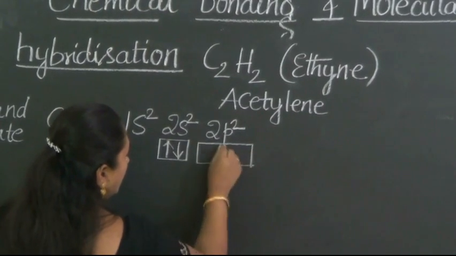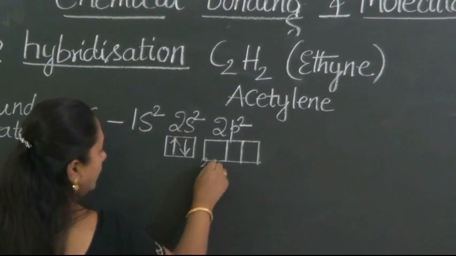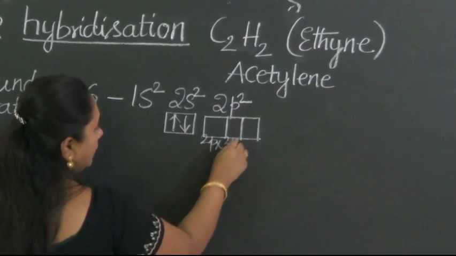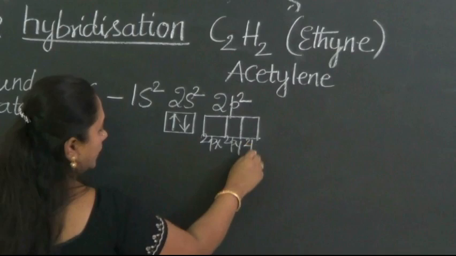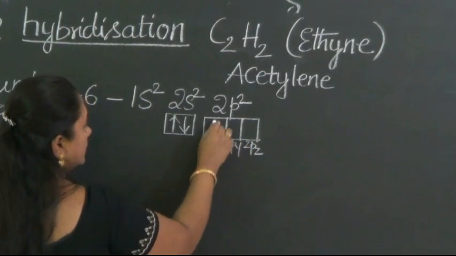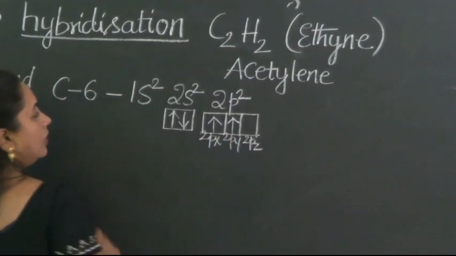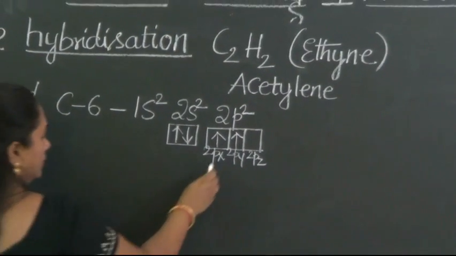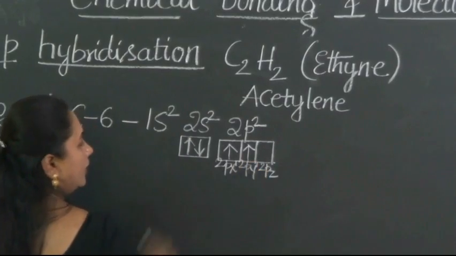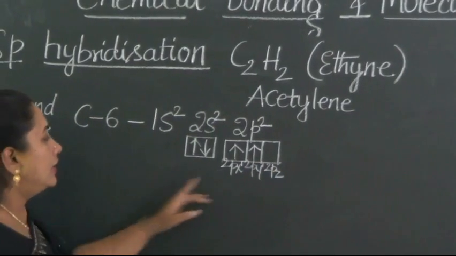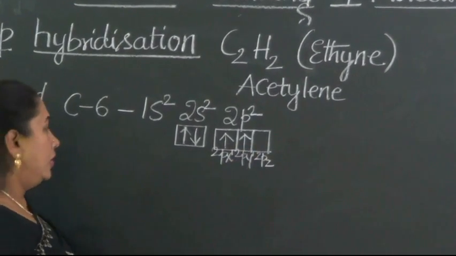So, how many orbitals of p are there? We know that p is divided into 3 orbitals because of the 3 different orientations. So 2px1, 2py1. Therefore, the 2p electrons are being filled up. So 2px1, 2py1 and 2pz is not containing any electron.